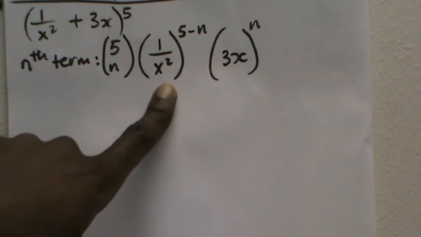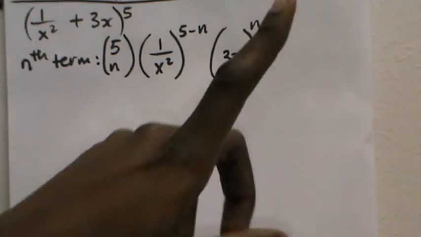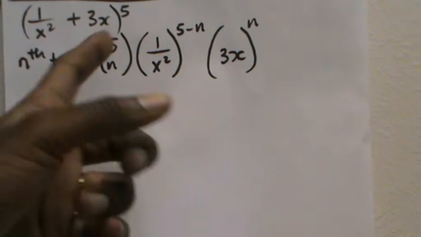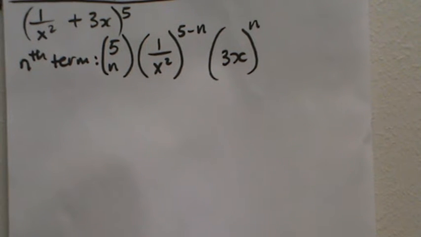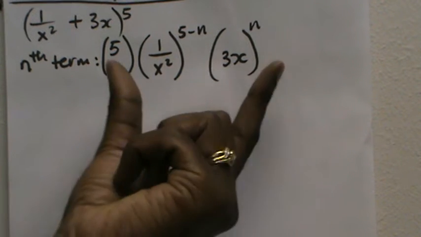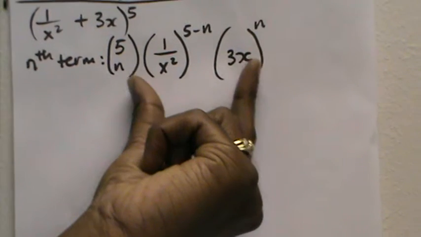Now you can see this has x and that has x. So somehow when I multiply these two together, they should combine, and the exponent of x should be 2. So what I'm interested in now is this part over there.